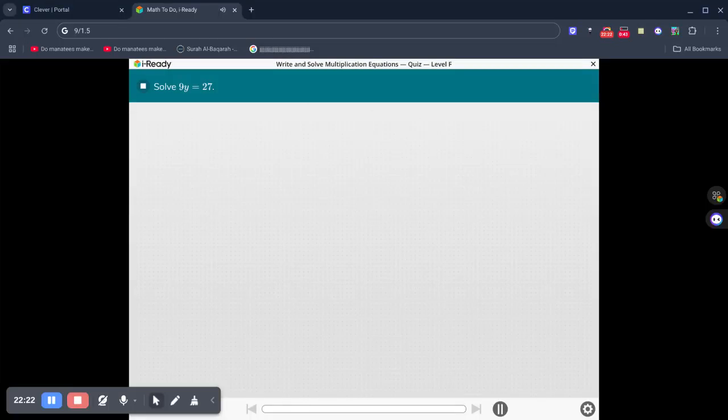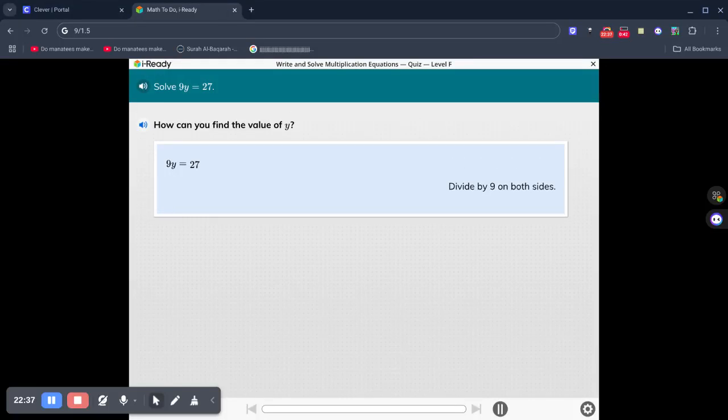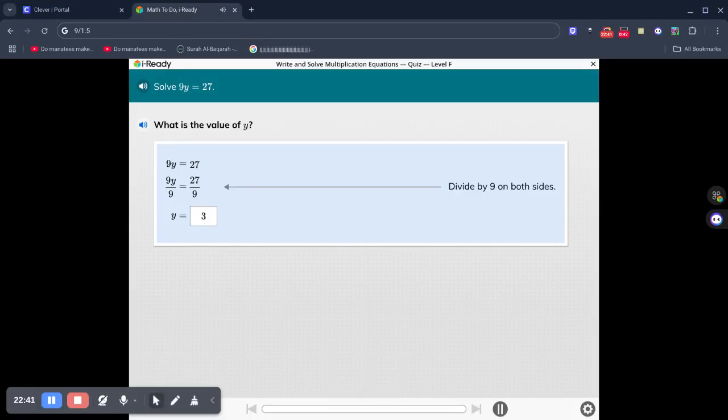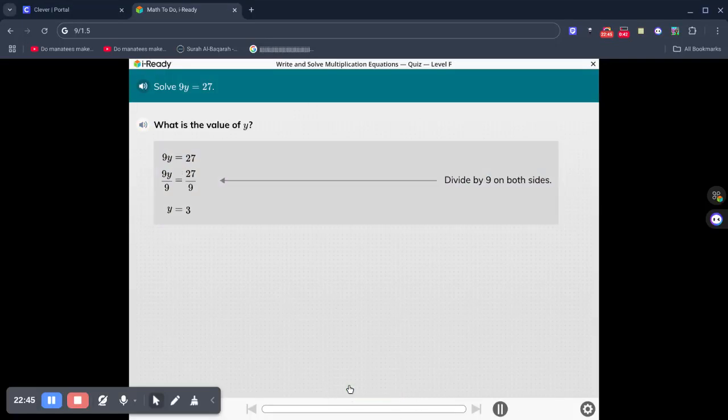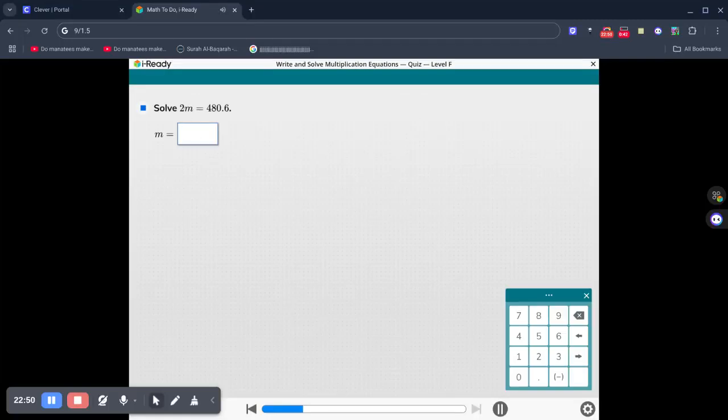Solve 9y equals 27. How can you find the value of y? What is the value? Solve 2m equals 480 and 6/10.